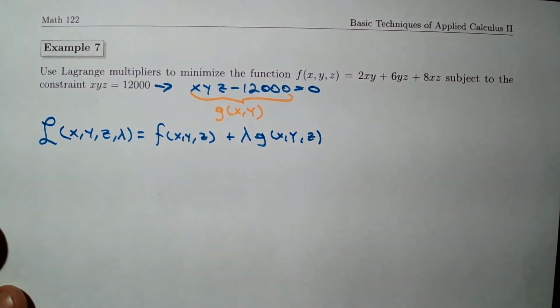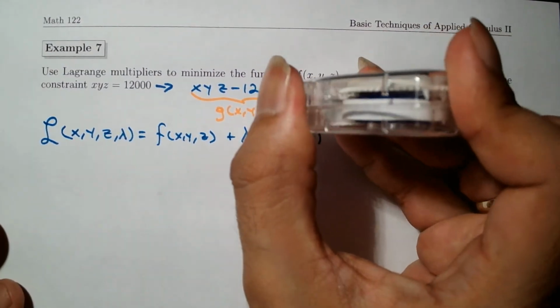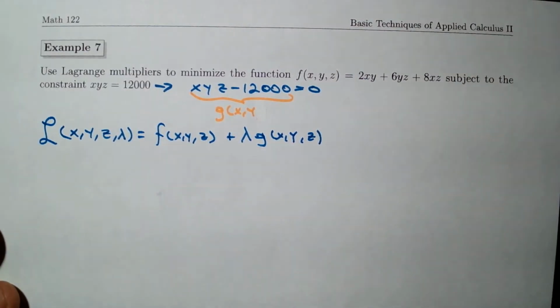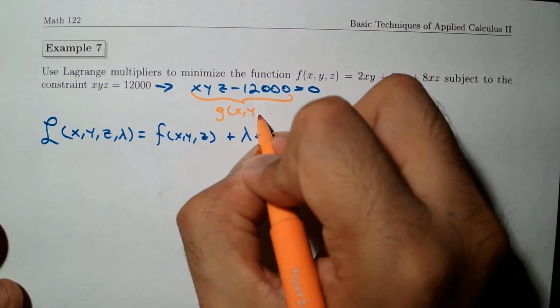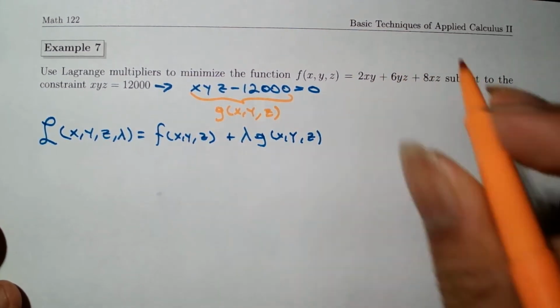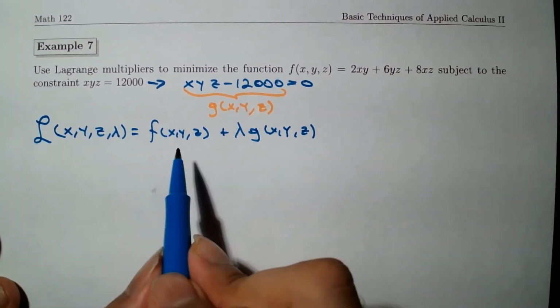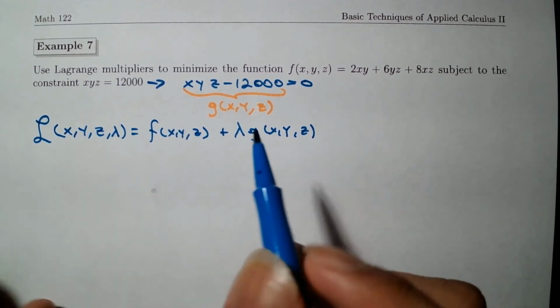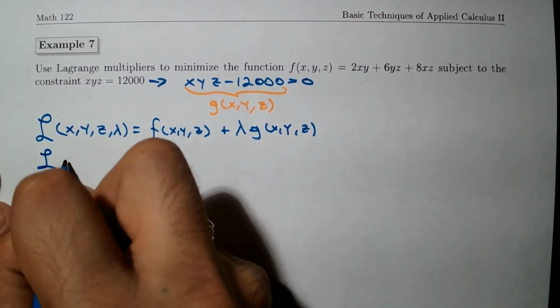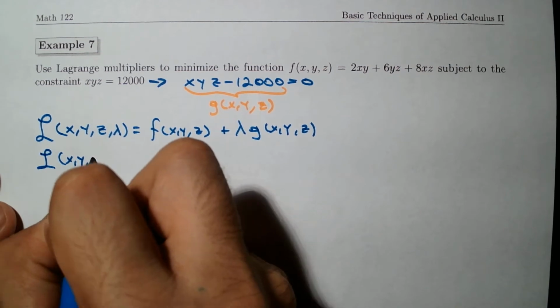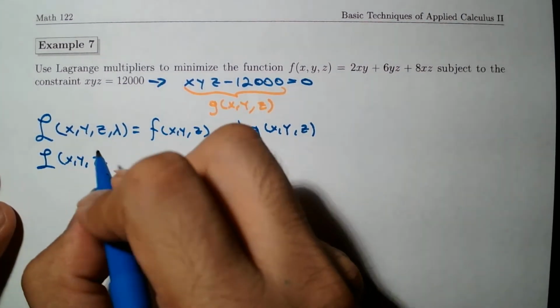By the way, I forgot a z right here because z is a variable, not a constant. So, L of x, y, z, lambda.